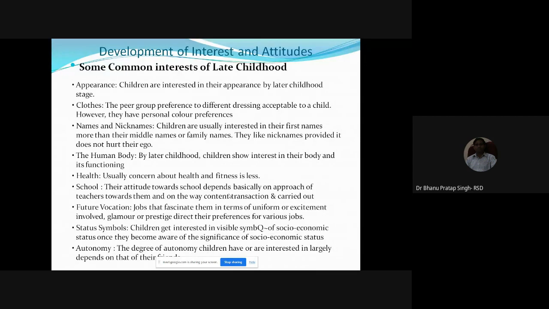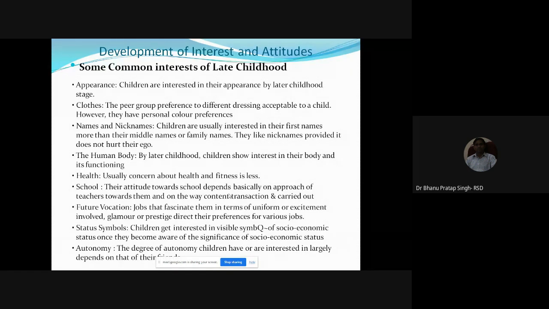This is a common fact that no one is ready to be pronounced by their middle name. Every child is usually interested that he or she should be called by his or her first name, because if anybody calls him or her by another name, he may be hurt and their ego may be hurt.